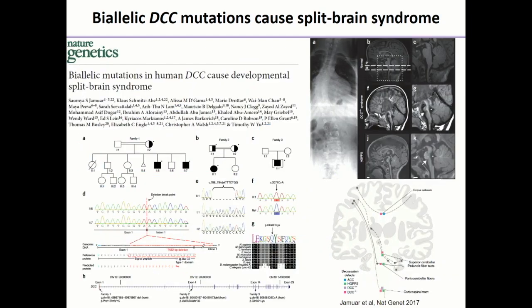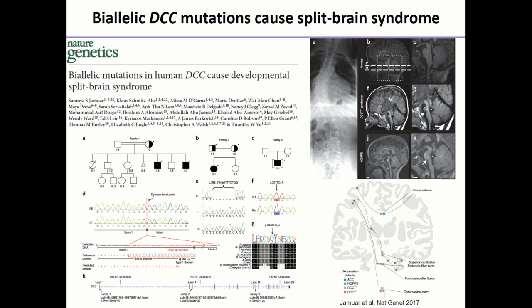So just to mention that our paper was published back-to-back with another paper from the group of Tim Yu, Christopher Walsh, and Elizabeth Engle, and they showed that biallelic, so recessive, DCC mutations on both alleles cause a syndrome that they call split brain.